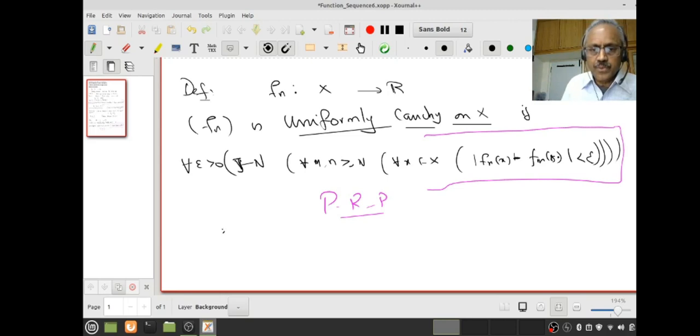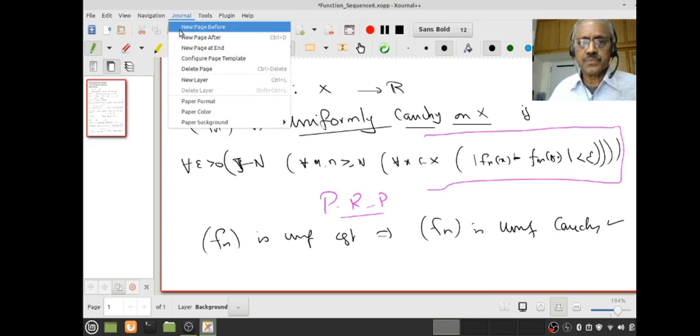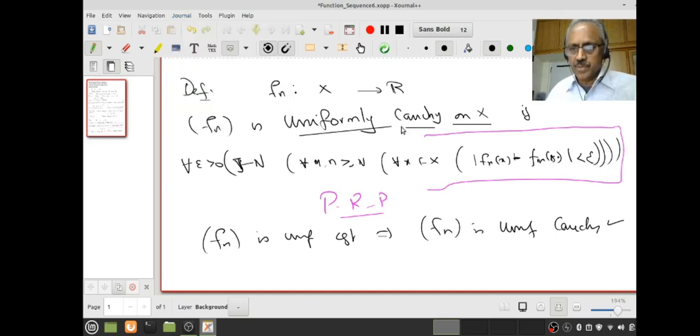So what we have proved is that f_n uniformly convergent implies f_n is uniformly Cauchy. This is what you proved. Now we want to know whether the converse is true. So what about the converse? That is, if I give a sequence f_n which is uniformly Cauchy, remember for uniformly Cauchy I don't have to know anything about f.